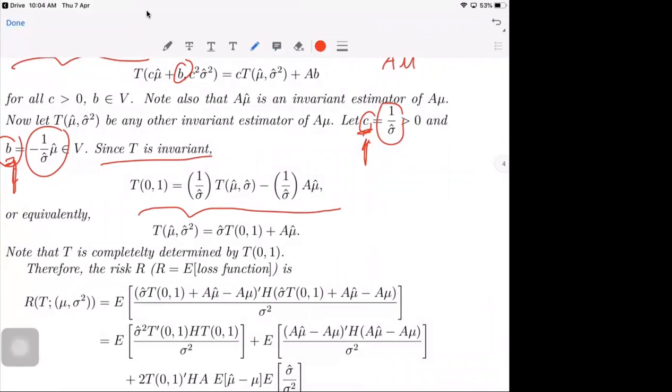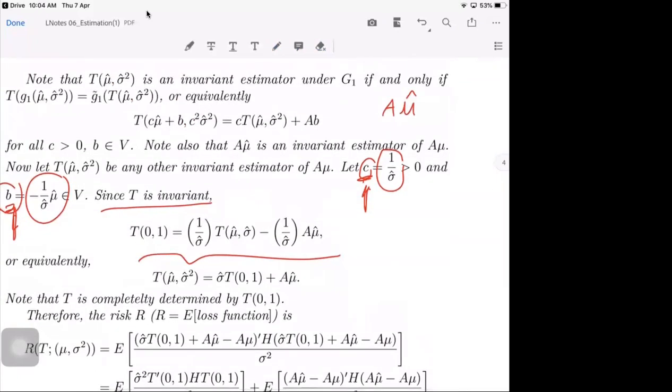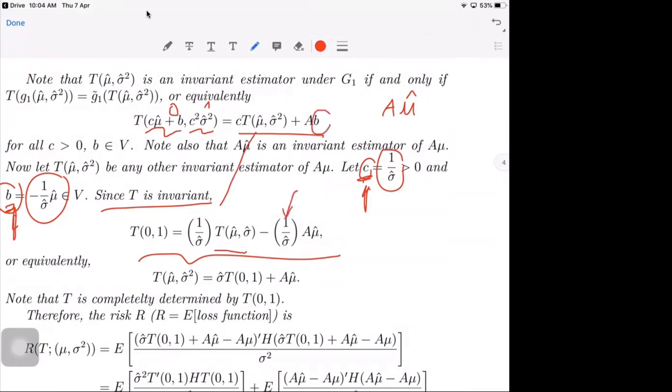So, here, if I change this part, so if this is 0 and this is 1, then we want to show that this becomes C is 1 over sigma hat, and B is 1 over sigma hat mu then A, no?